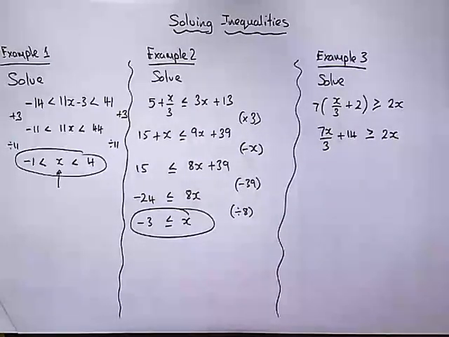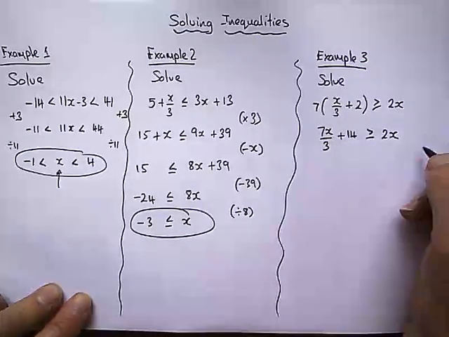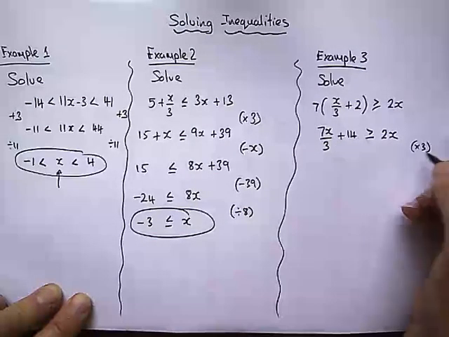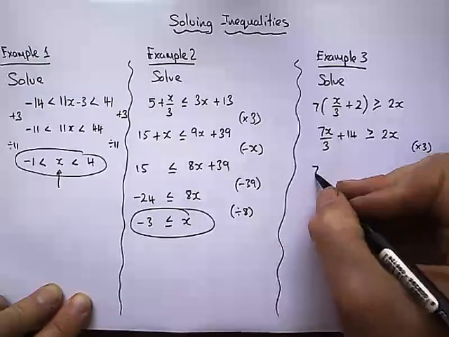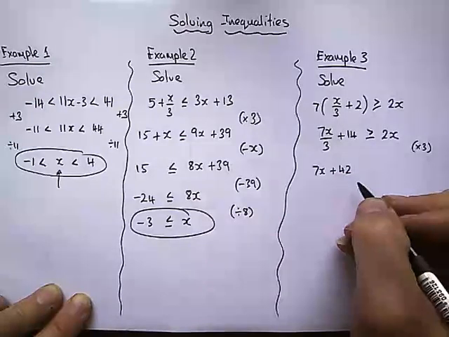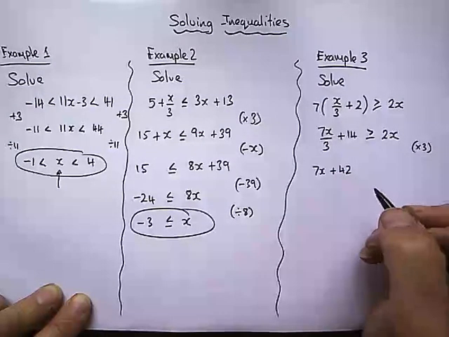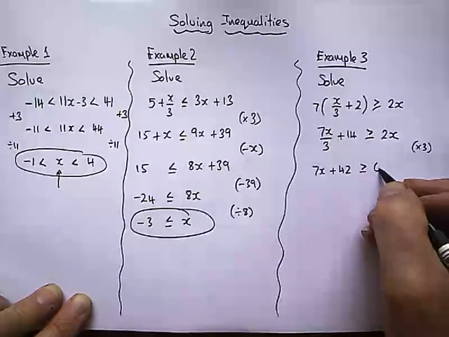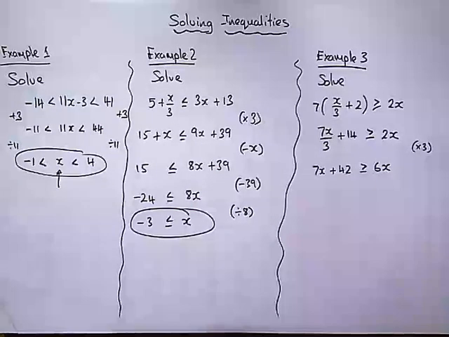So now I can multiply by 3. Let's cancel out this divide by 3. Okay, so we get 7x plus 42. 3 times 14 is 42. is greater than or equal to 6x. Okay, I multiplied everything there by 3. Now we can just do some rearranging.